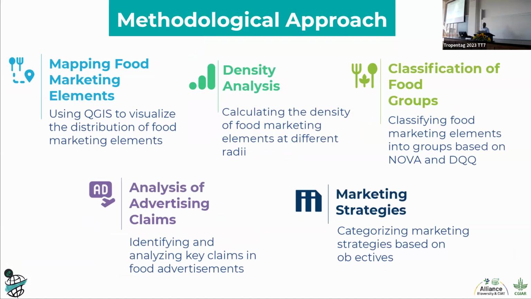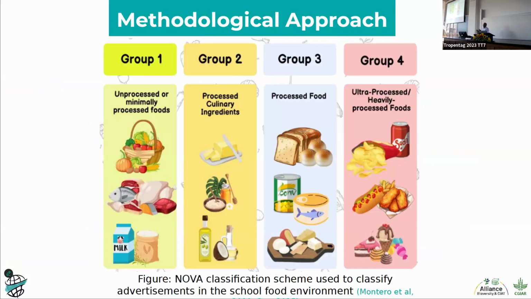We came up with a mapping of the food environment, highlighting the different food marketing elements. We analyzed the density of food marketing elements within the school food environment. We assessed also the different food groups promoted within the food environment, and we made an analysis of the strategies and also the claims.